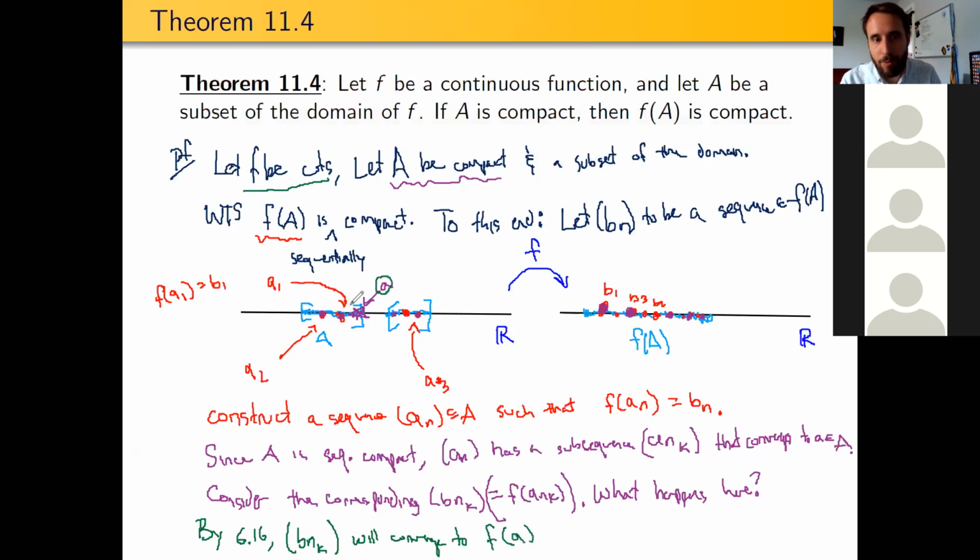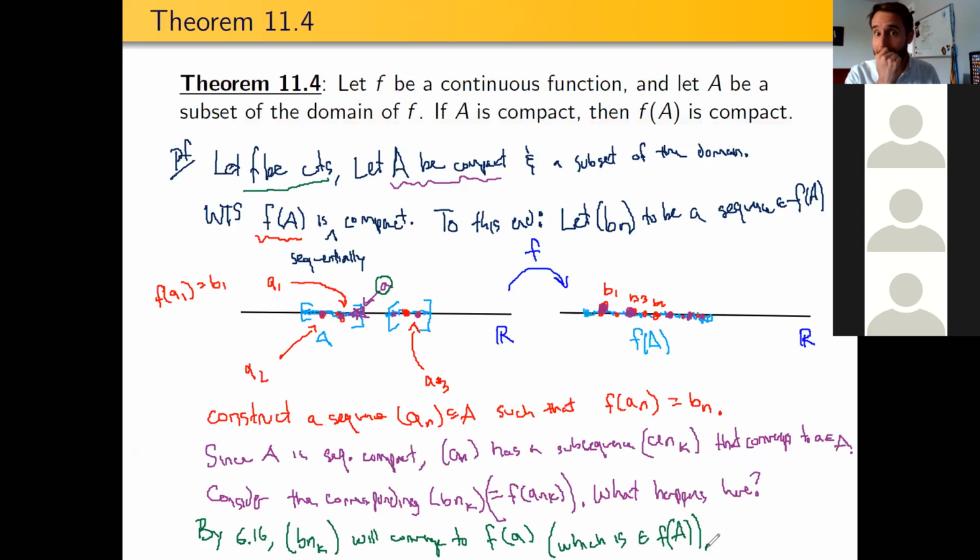And since a was an element of capital A, this object, f of a, will be an element of f of capital A, which is the image of A.